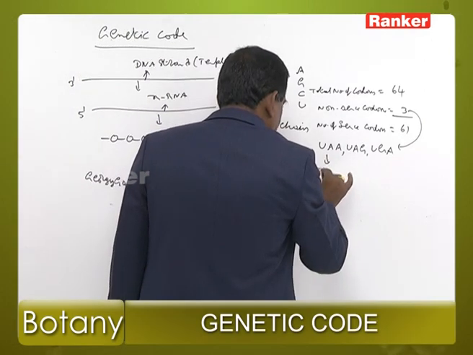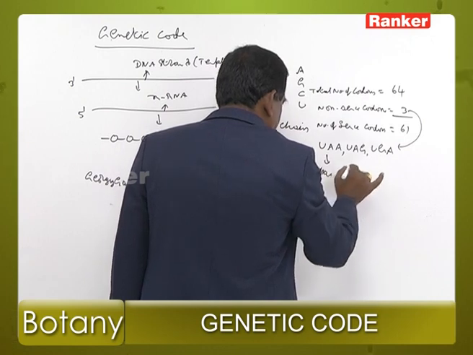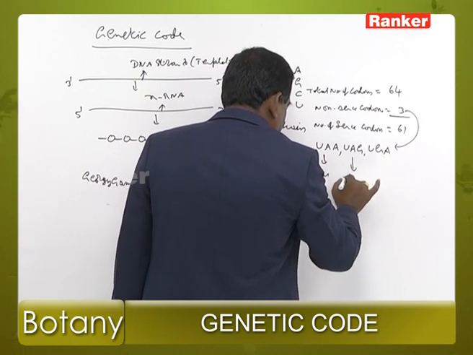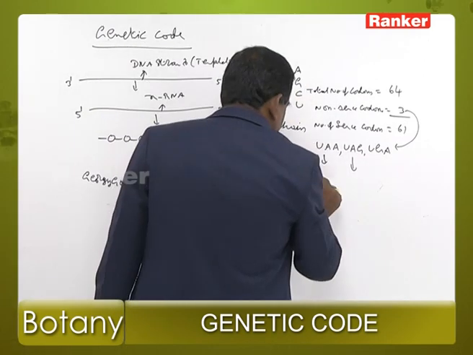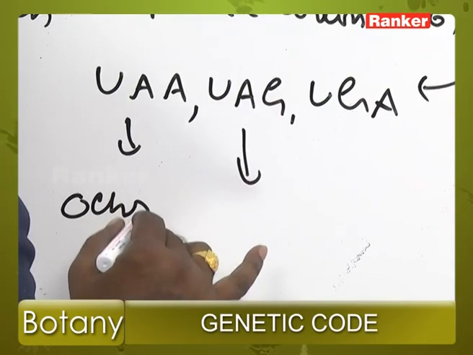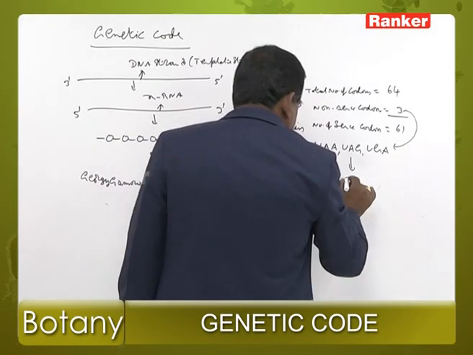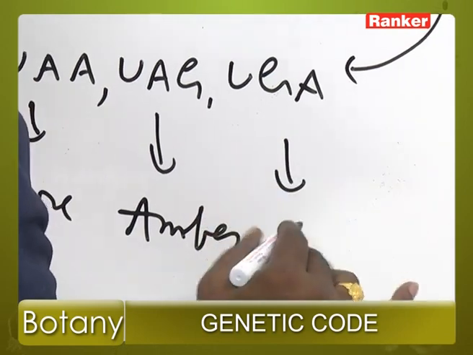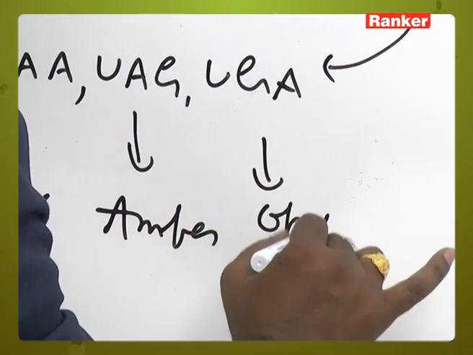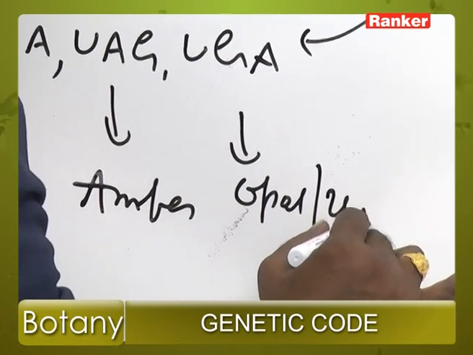The names of those codons: UAA is ochre, UAG is amber, UGA is opal or umber.